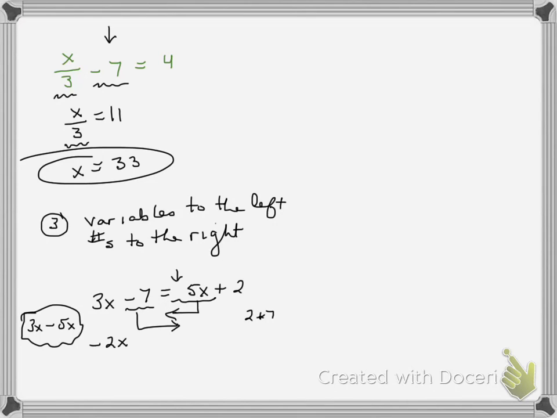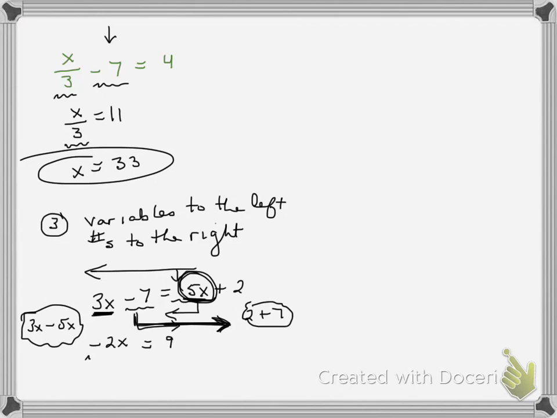See how this is working? Sorry, let me get that sign better. 2 plus 7, that's what I'm thinking. And so I get equals 9 on the right. So I've moved, let's do it again. I've moved this to the left with the opposite sign so I can combine it, 3x minus 5x, and I've moved this to the right with the opposite sign so I can combine it, 2 plus 7, okay?